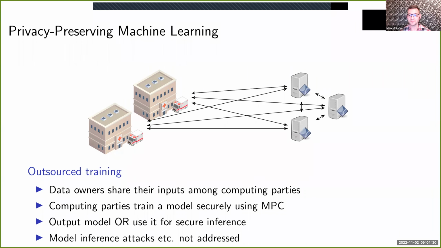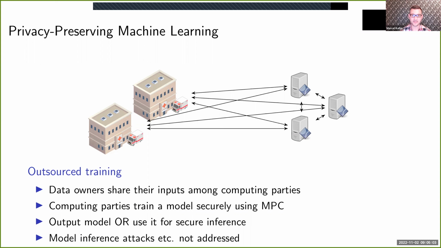So what they can do instead is use a number of computing parties, symbolized on the right, that then run the training between them, and then give the data owner something back, like either the model, or they even keep the model, and the hospitals can use the model in secret for future applications of the model.